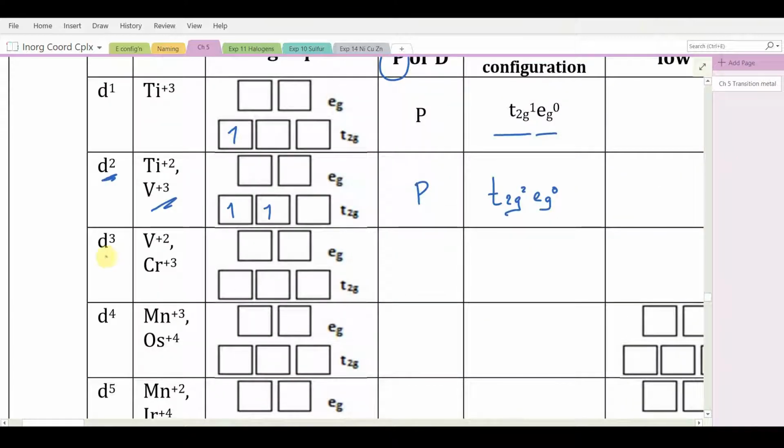Let's try an octahedral complex with 6 ligands, and the central metal cation has 3 d electrons, such as in vanadium 2 or chromium 3. Those 3 electrons would simply spread out evenly across the T2g low energy orbitals. The magnetic property is paramagnetic. The electron configuration would be written as T2g3 Eg0.